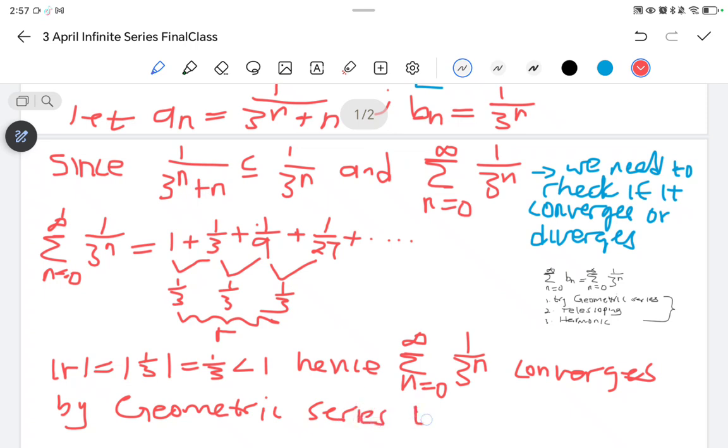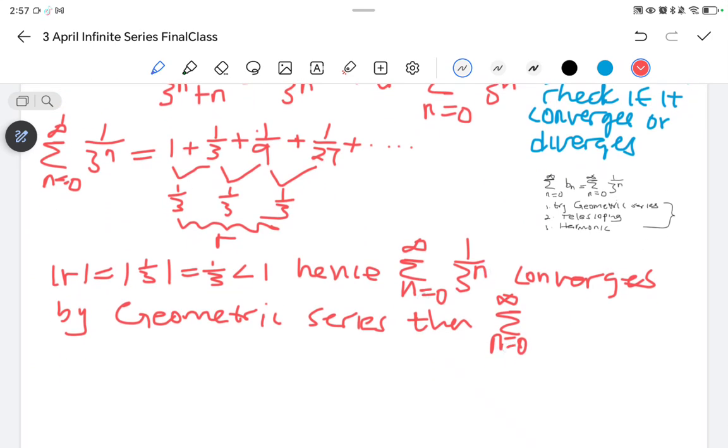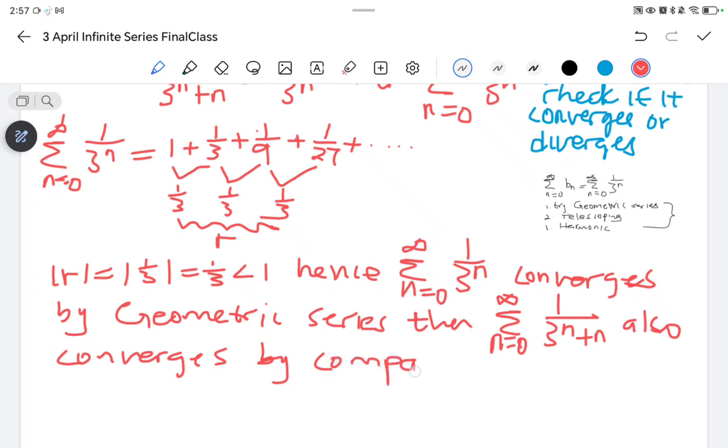And then I say then the summation, now I write the one for b, n equals to 0 of 1 over 3 to the n plus n, also converges by comparison test. You see, right?